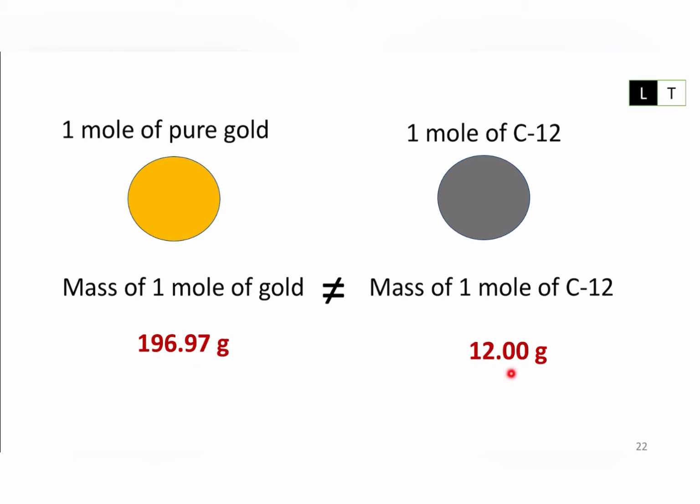However, for carbon-12, the mass of 1 mole is 12.00 gram. So please be careful. They have the same number of atoms, but they will not have the same value for mass.